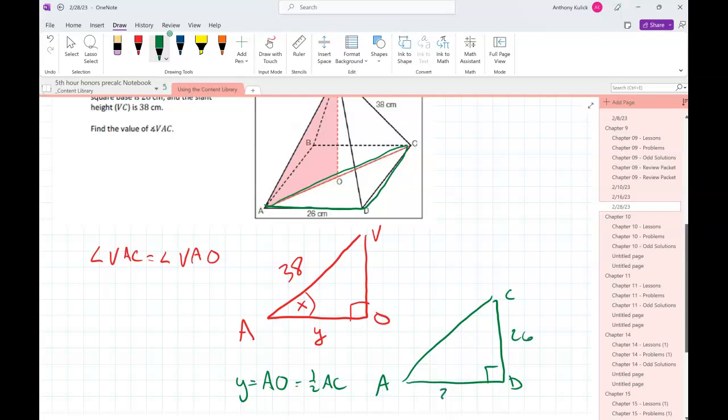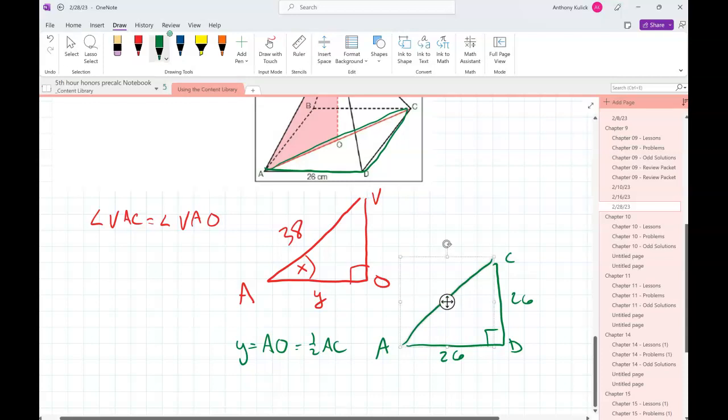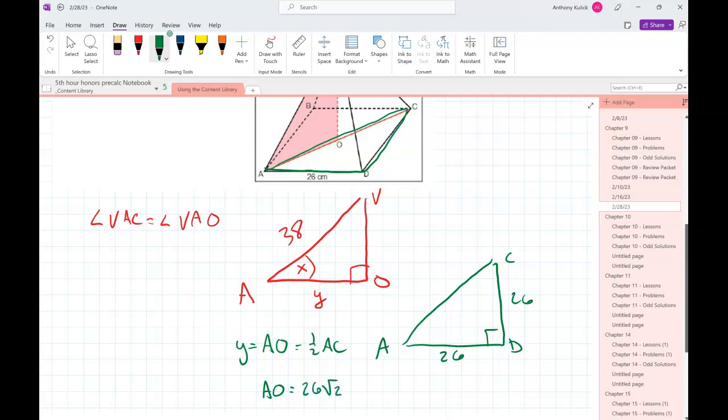And I know since it's a square, those are both 26. So if I use the Pythagorean theorem, that's going to be 26 root 2 for AO.